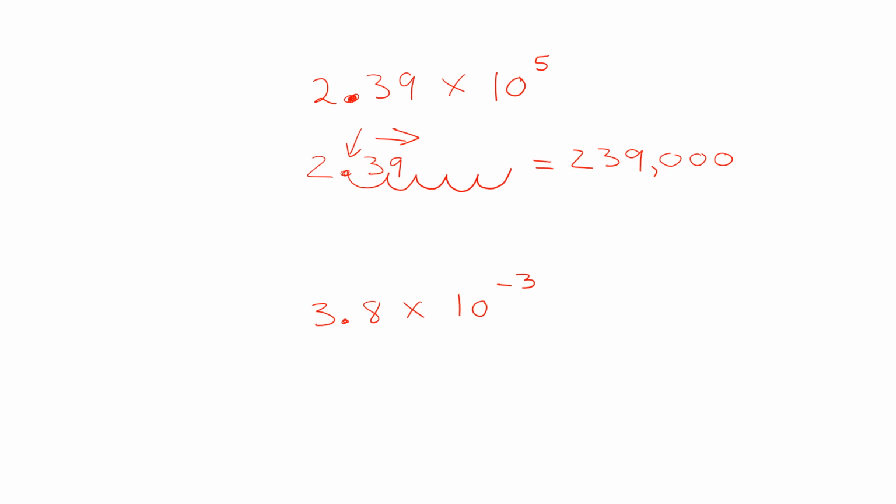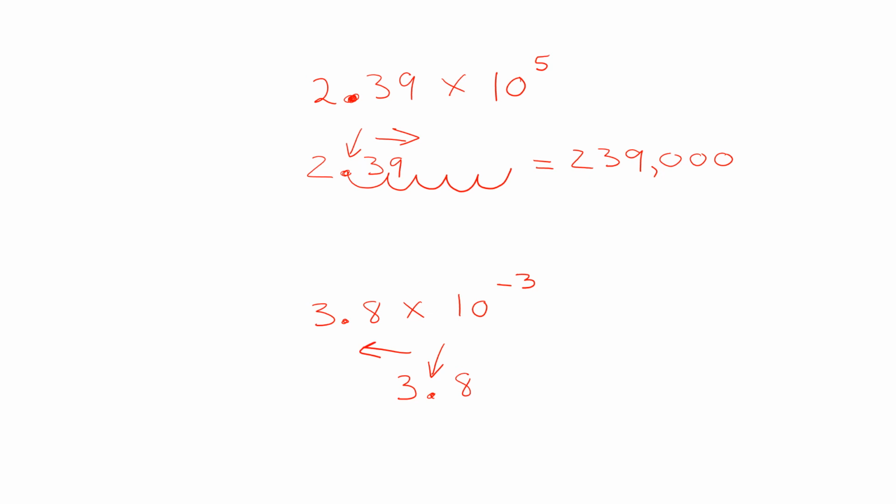And on this one, if you have negative 3, that means that the point was moved 3 places coming from the opposite direction. So that's from our left. So going back to it, it's 3.8, and this point here came 3 places this way.